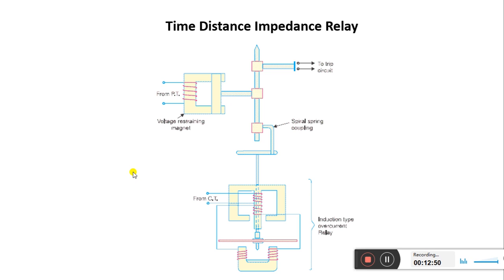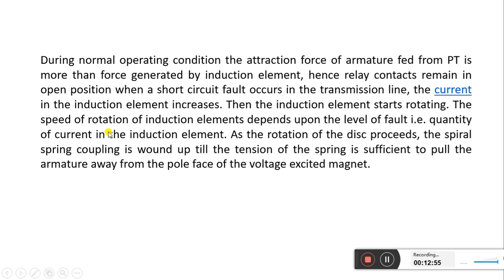Now we'll discuss the description as given in the next slide. During normal operating condition, the attraction force of the armature fed from the PT, potential transformer, is more than the force generated by the induction element. Hence, relay contacts remain in open position. Now when a short circuit fault occurs in the transmission line, the current in the induction element increases, then the induction element starts rotating.